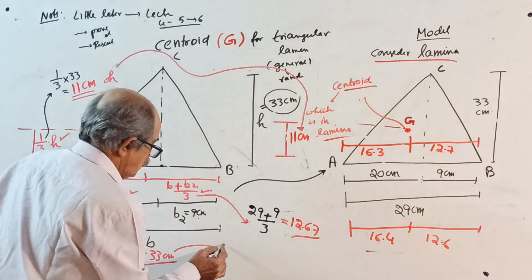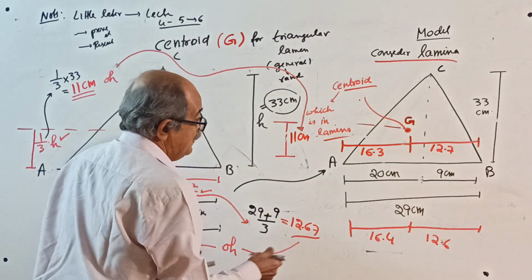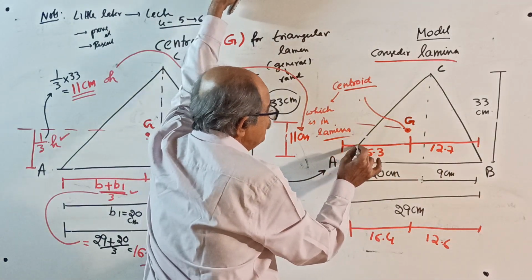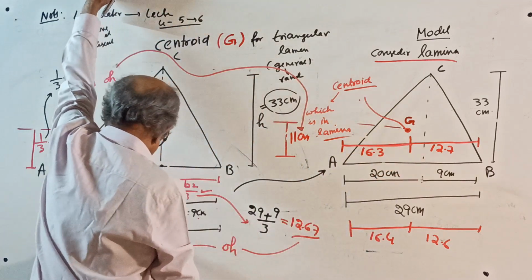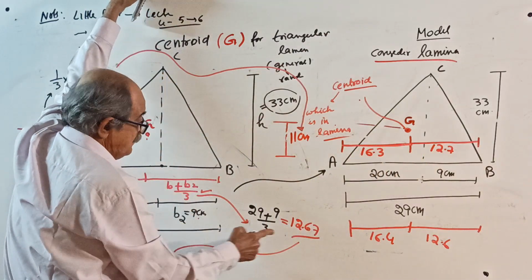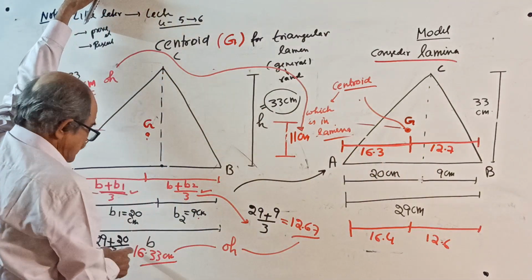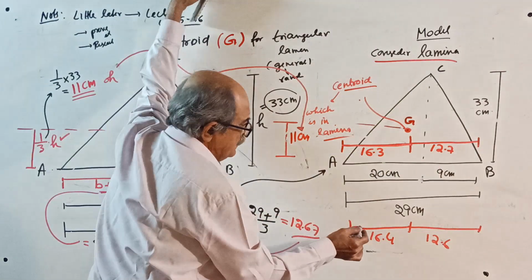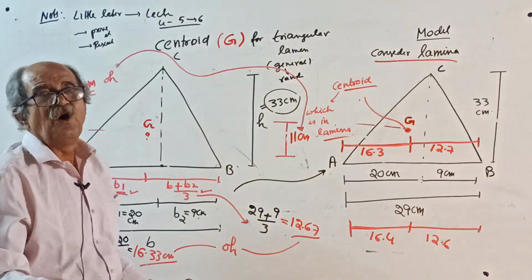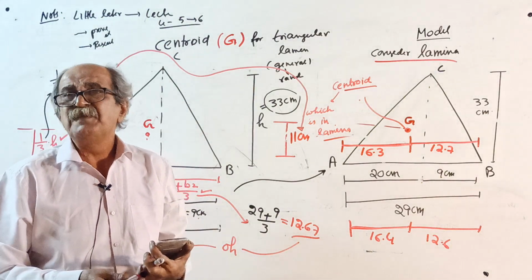Oh, right here. See here, we got within error. If my reading is 16.3, 16.33, 12.7, 12.67. Or if by chance error is there, if it is 16.4, little error, see, 16.33, because of this experimental error.